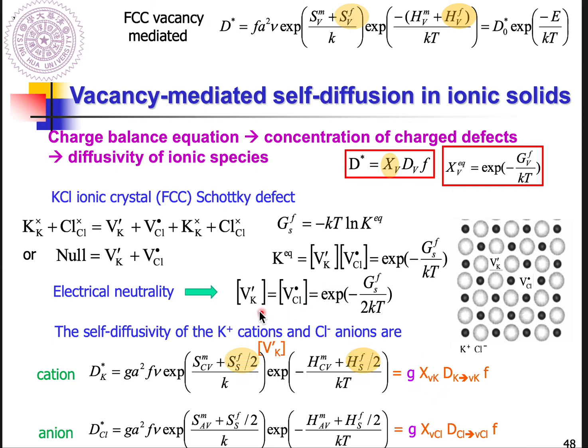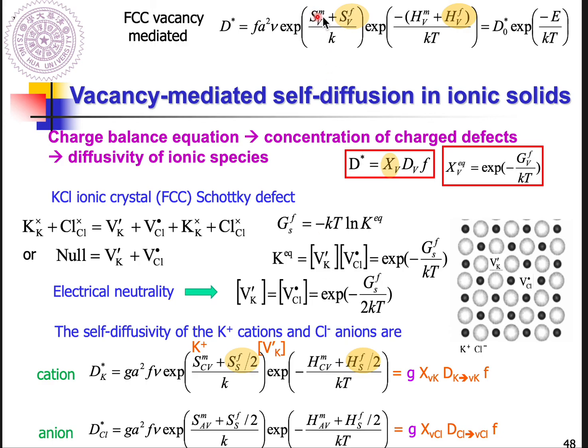XVK is here, so is the Schottky defect formation energy. So we separate them into the entropy and enthalpy terms here. And next will be the diffusivity for the potassium ions. It will be the potassium migration energy, so you also separate them into entropy and enthalpy terms.